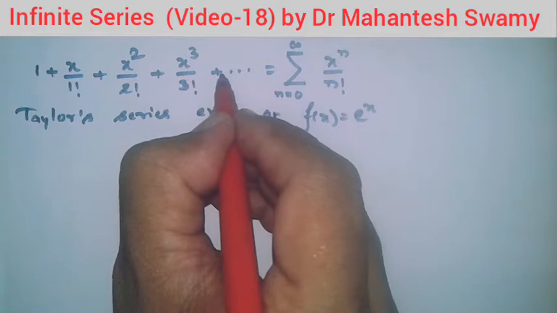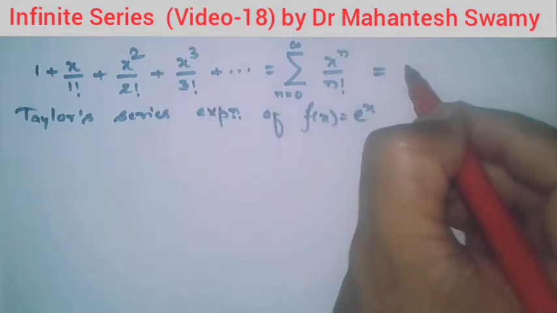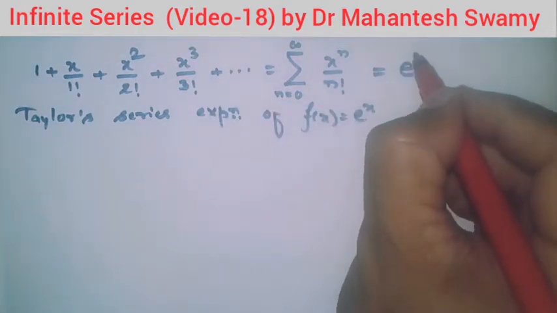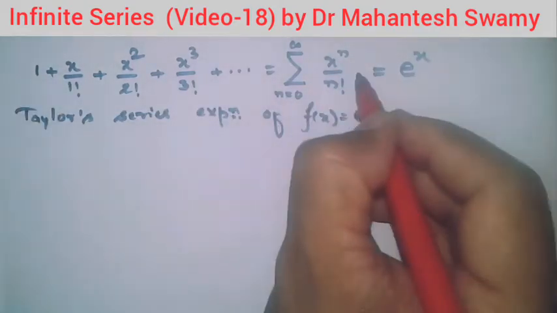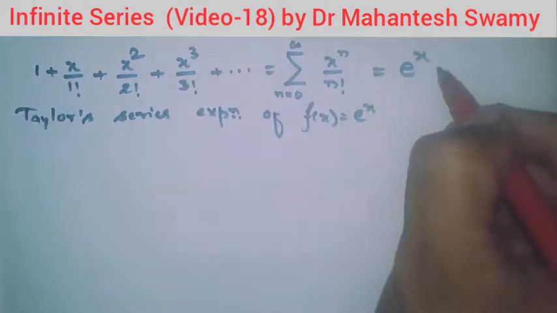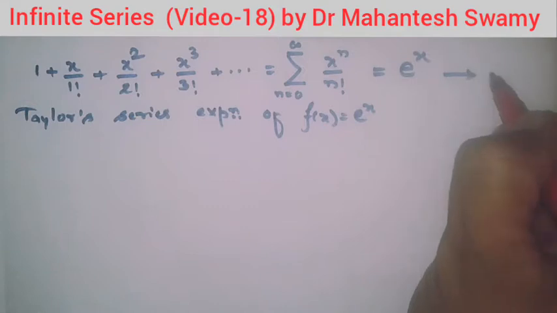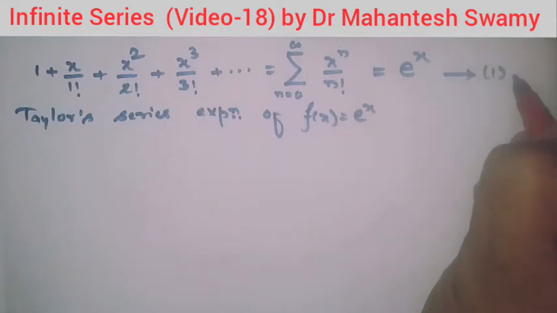So this series is equal to e to the power x, and therefore it is called the exponential series. Let us take it as series number 1.